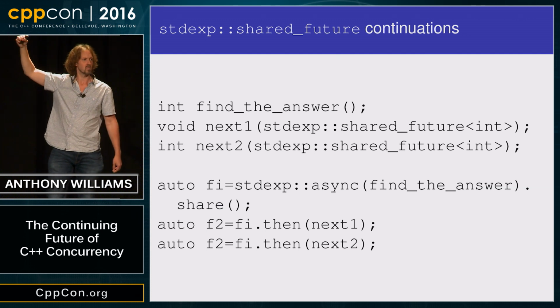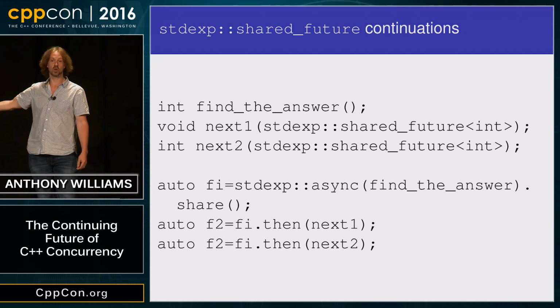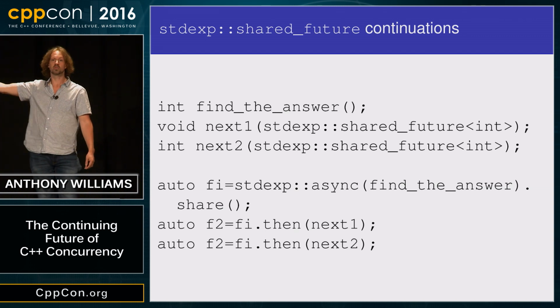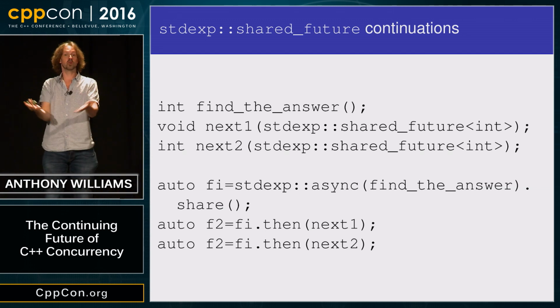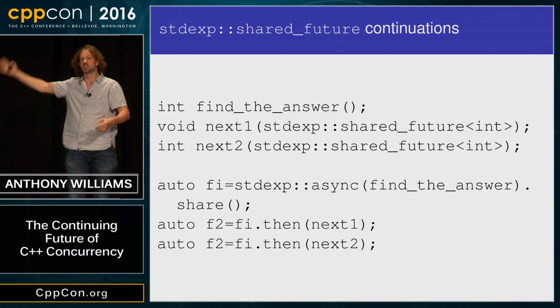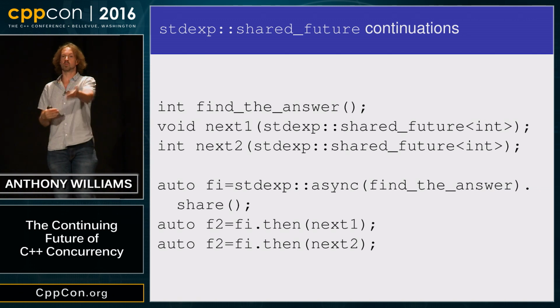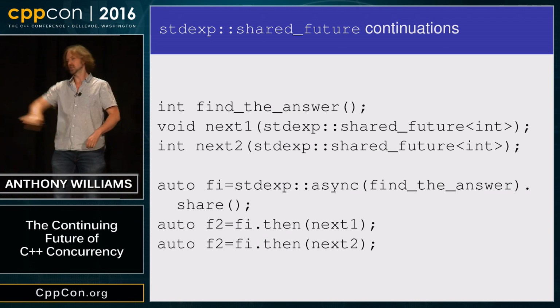If next one throws an exception, then the next two task is still going to run, but the future associated with the next one continuation will hold the exception, ready to throw it when you call get. And if you then chain continuations on those, the exceptions propagate down the one path where that exception went and not down the other one.